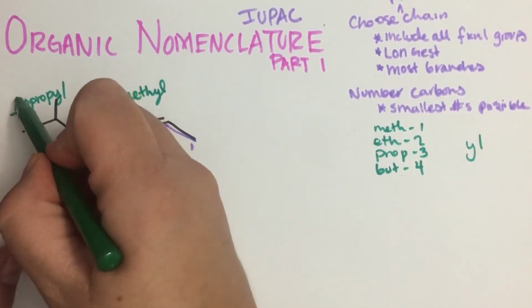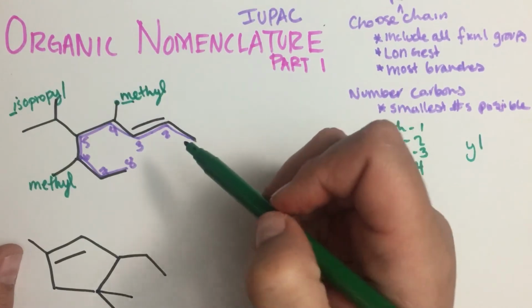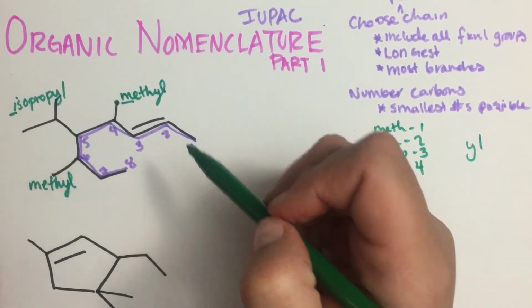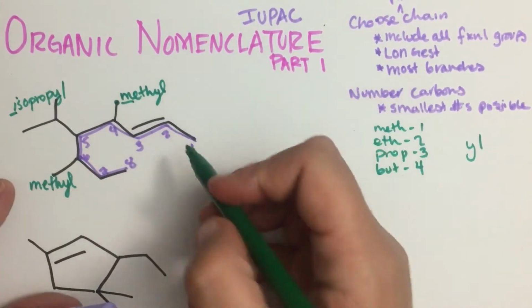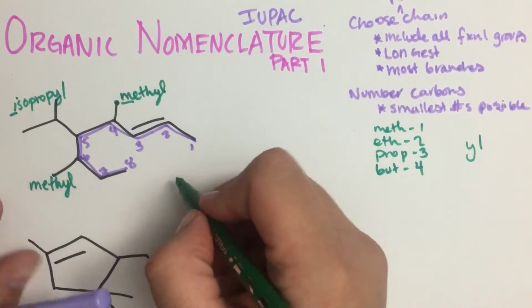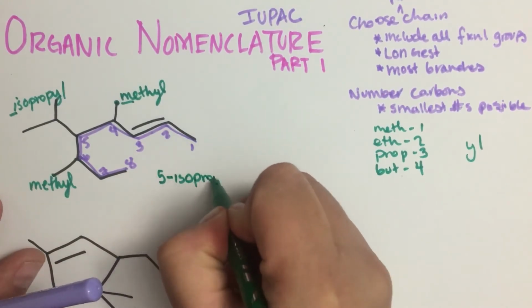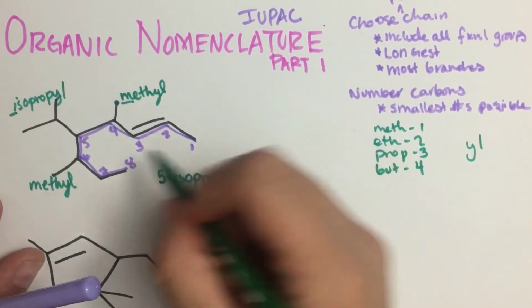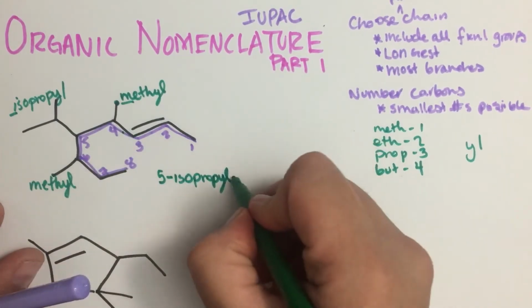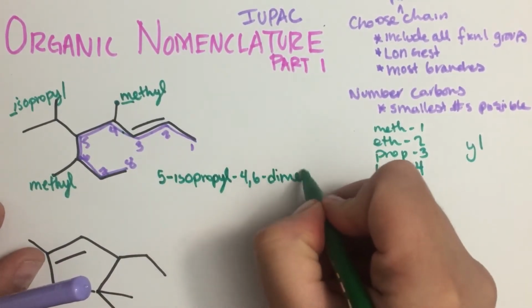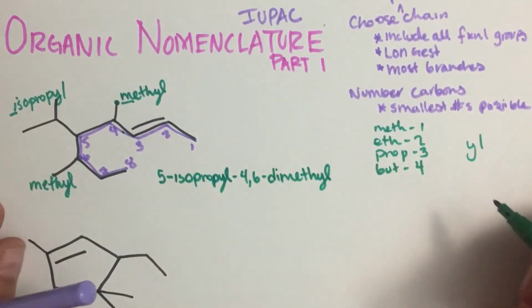So we have M and we have I. So first we're going to write down the I, and then the M's. So the name for our molecule would be on carbon 5 isopropyl, and then on carbons 4 and 6 we have 2 methyls, dimethyl.